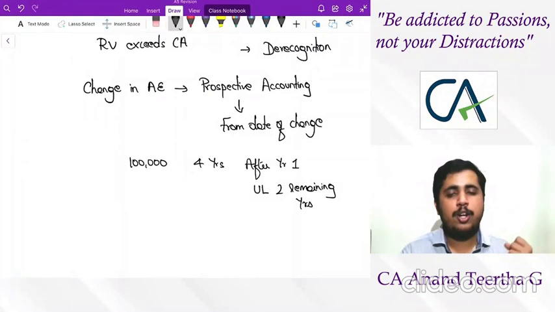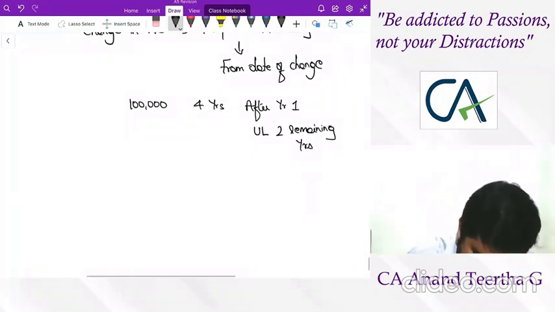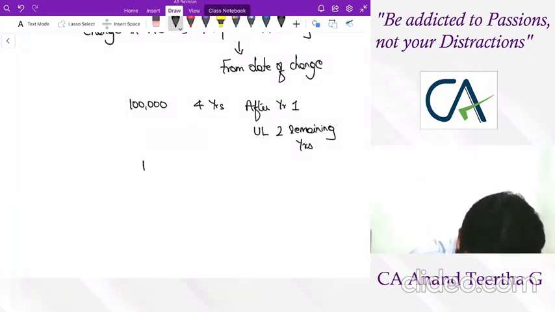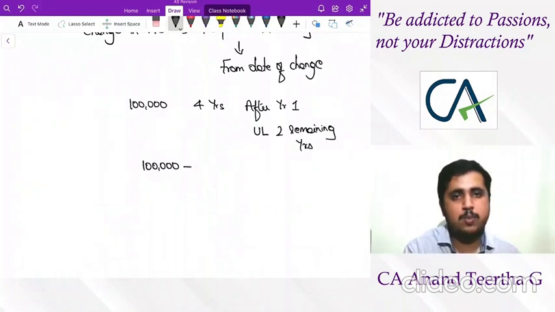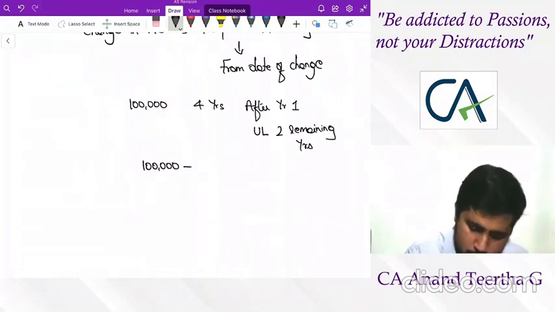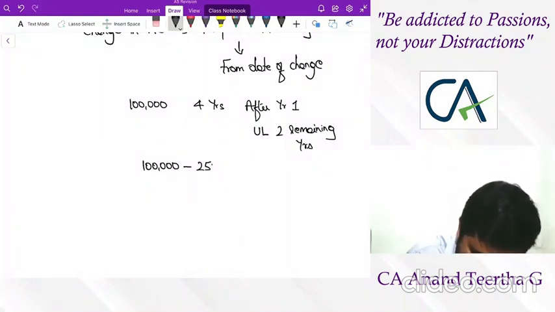How do you do it? You have to do it on a prospective basis, which means after year 1, the value of the asset has to be 1 lakh minus depreciation. 1 lakh divided by 4 is 25,000.